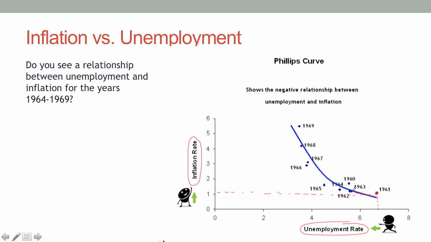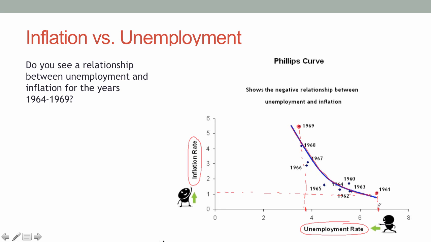But if we go up the curve, things change a little bit. Now we get to 1969. So over that 8-year period, what do we see? Well, fewer people are unemployed. There's just under 4%. So more people are working now that didn't have jobs before. So in 1969, I think people felt better, like, hey, I can get a job.